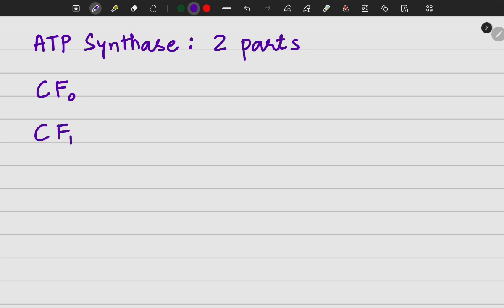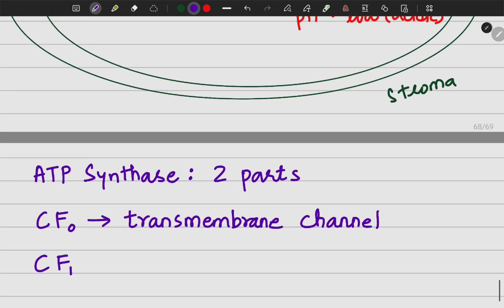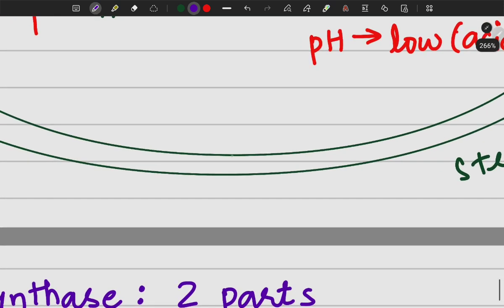Alright, so this CF0 is a transmembrane protein channel. It is embedded inside the membrane of the thylakoid. So if we look at here, I can draw a transmembrane channel like this, which is embedded inside the membrane of thylakoid.